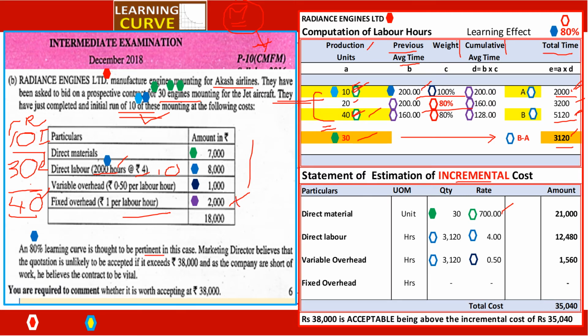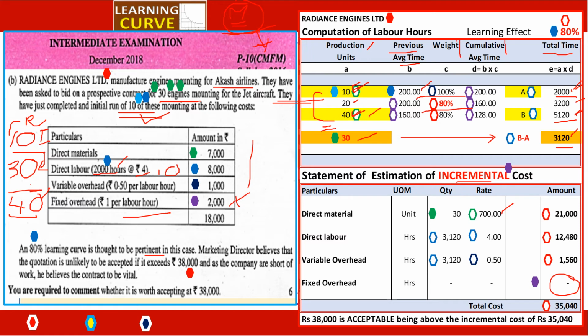Therefore, for the new differential unit, fixed cost will be 0. This is where we said we are using the marginal costing approach when it comes to incremental costs. Fixed cost will be 0 as it is already recovered in the first lot. And we now multiply 30 into 700, 3120 into 4, 3120 into 50 paise, total is 35,040.